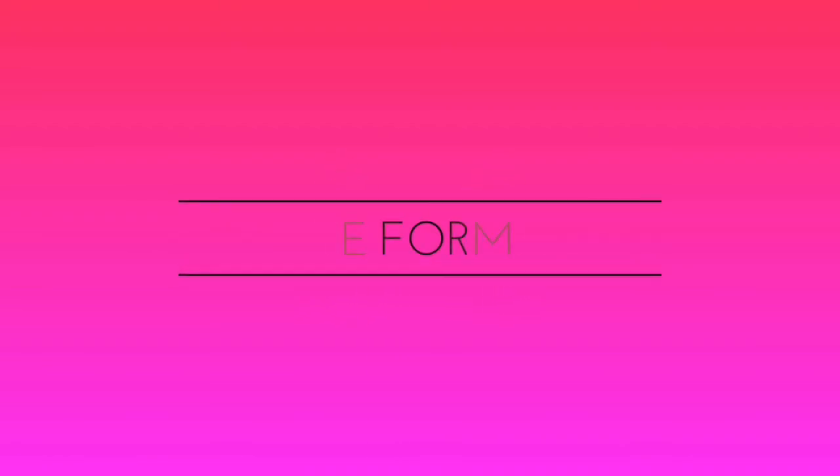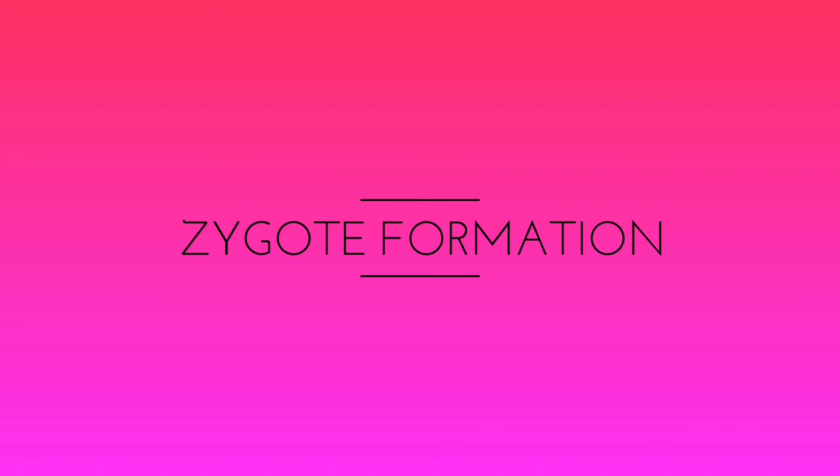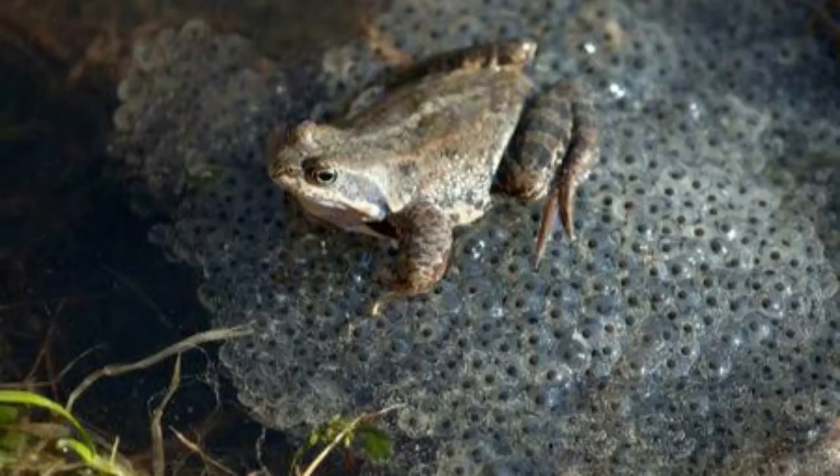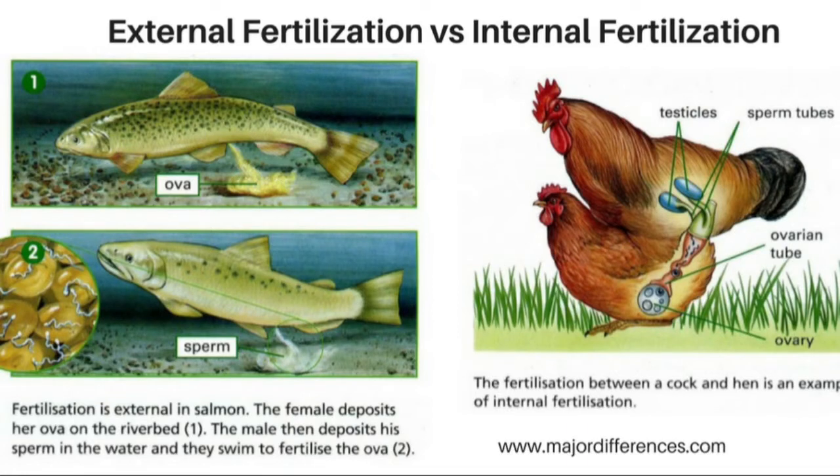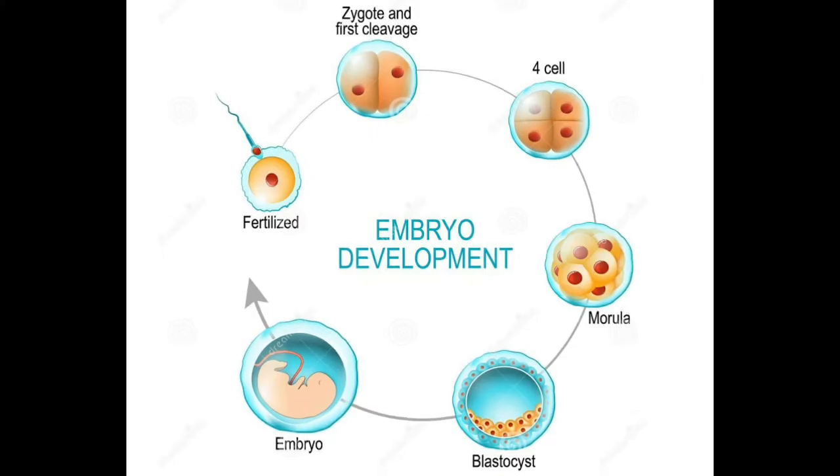In stage 1, formation of zygote is common in sexual reproduction. In external fertilization, the zygote is formed in the external medium, for example, water, whereas in internal fertilization, the zygote is formed inside the body of the organism.